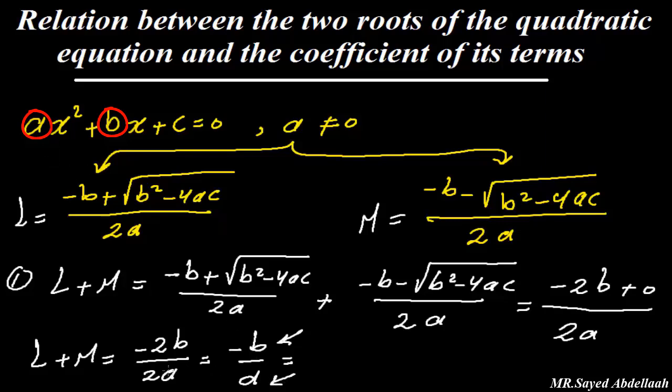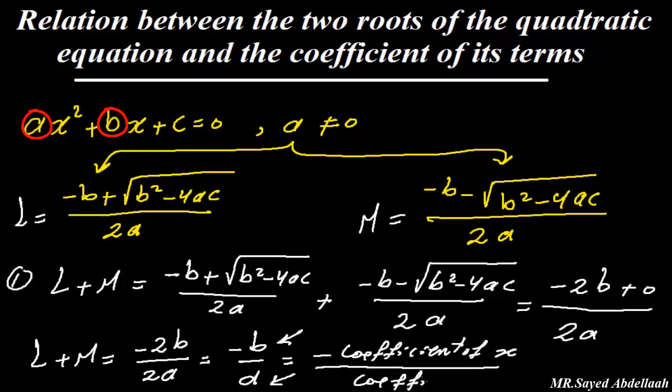Then we can say the sum of two roots equals negative the coefficient of x divided by the coefficient of x². Okay, this is the first, the sum of two roots. The sum of two roots of any quadratic equation equals the negative coefficient of x divided by the coefficient of x².